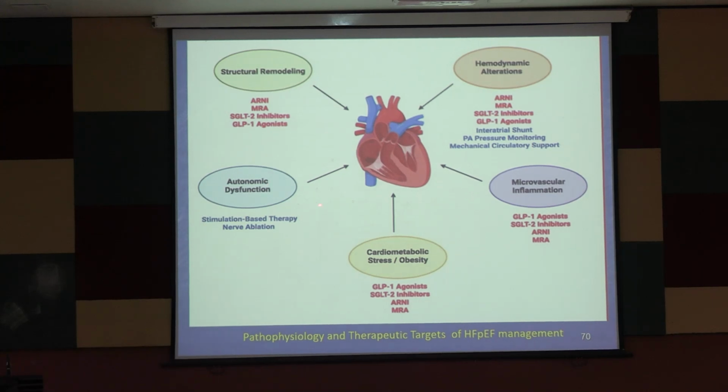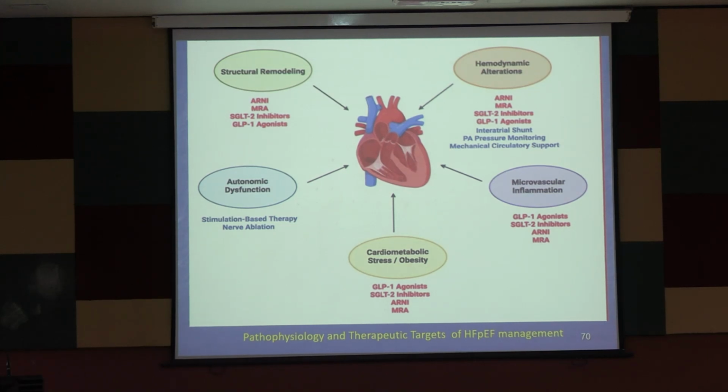Stimulation based therapy or nerve ablation. Autonomic dysfunction, that is vagal stimulation, brain stimulation or deep brain stimulation, etc. Then cardiometabolic stress and obesity: GLP-1 agonist, SGLT2 inhibitors, ARNI and MRA. Third is hemodynamic alterations.